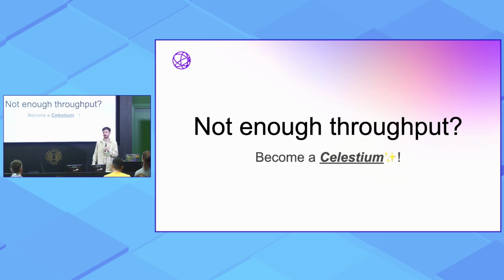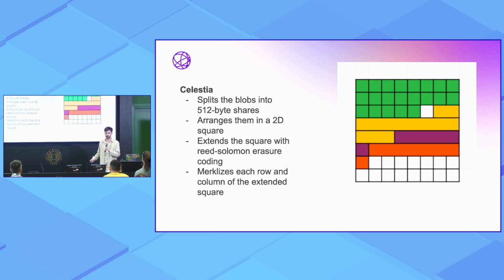So to understand how we adapt the ZK rollups to use Celestia DA, we first need to go into how Celestia works a little bit under the hood. Celestia has giant blocks, and it takes blob transactions from users.